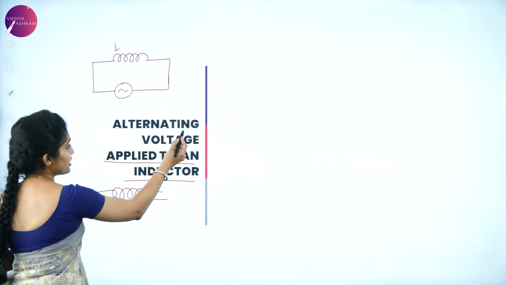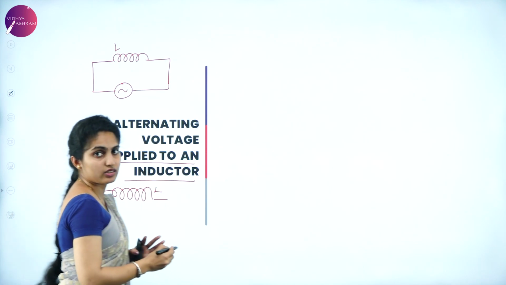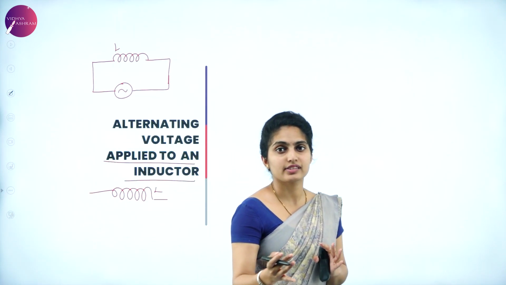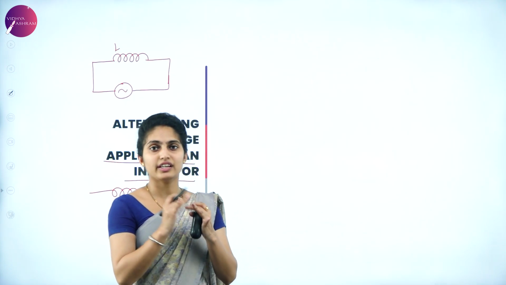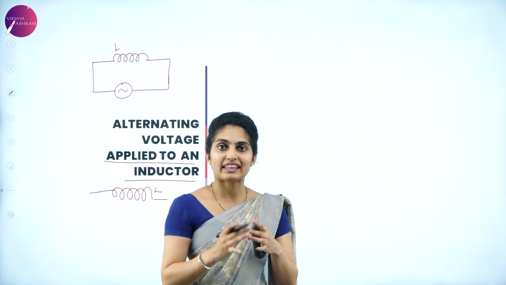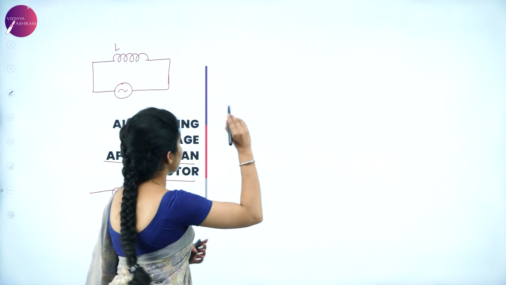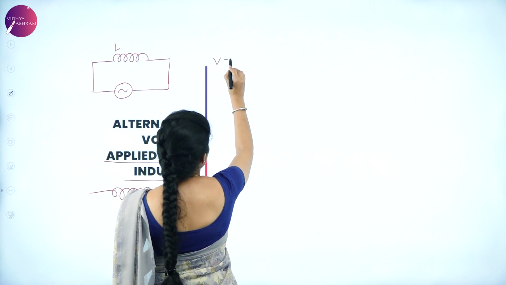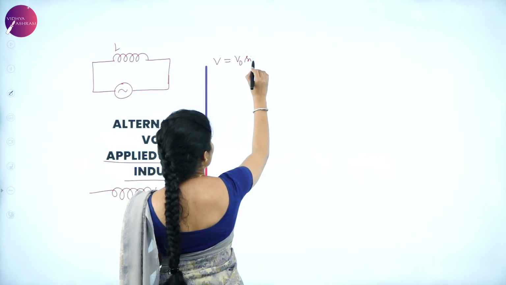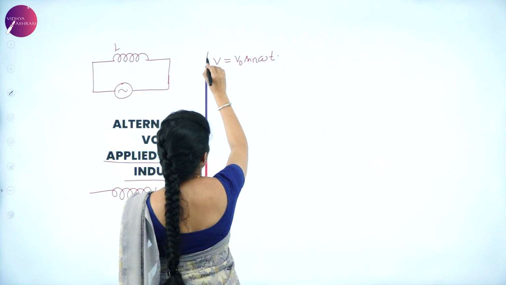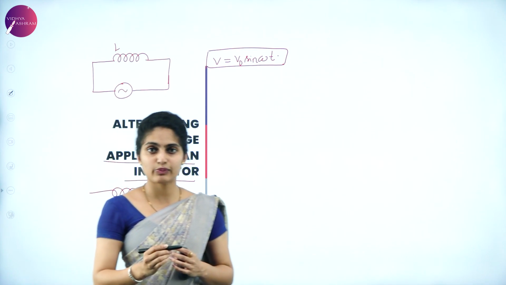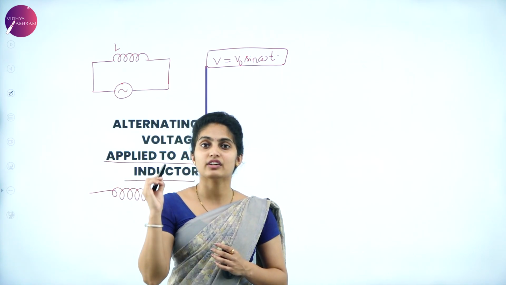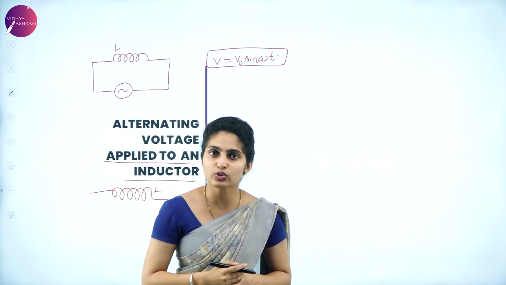So now our duty is to check, when the alternating voltage is applied to an inductor, how exactly it varies with respect to current. We always look at voltage and current against each other and then give the conclusion. For this, we know that V is equal to V0 sine omega t, where V0 is the peak value, V is the instantaneous value, and omega t is the phase value in the case of a sinusoidal wave.